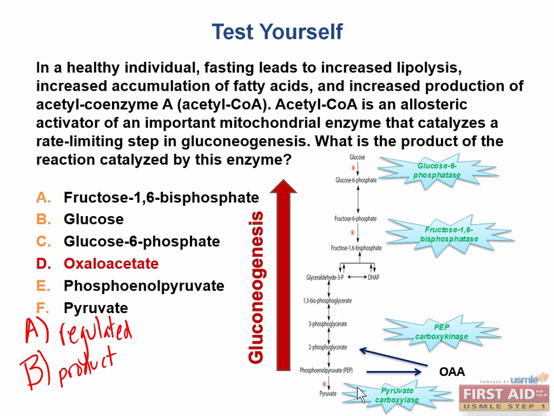A molecule of pyruvate, down here, is first converted to oxaloacetate by the enzyme pyruvate carboxylase. This step is allosterically activated by high acetyl-CoA levels. So when there are high levels of acetyl-CoA, pyruvate carboxylase will start converting pyruvate into oxaloacetate, and gluconeogenesis can then occur.